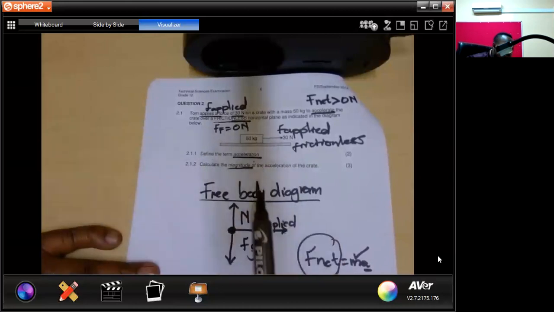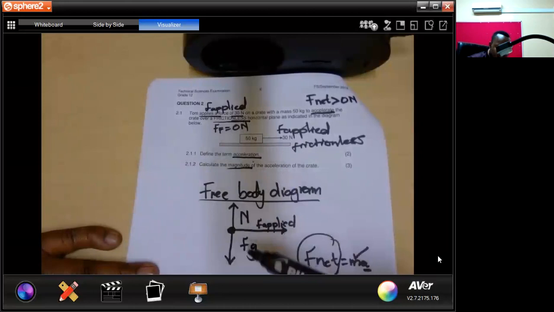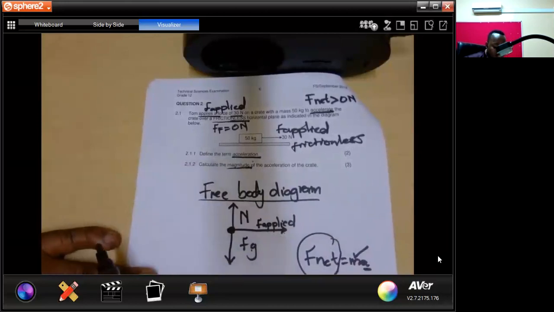So if it's not going up and down, it means there is no vertical motion, and therefore the net force vertically is 0. So we look at the net force horizontally, because the net force horizontally is the one that is responsible for the acceleration.